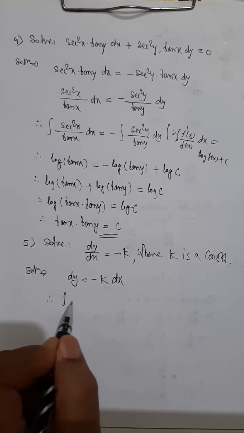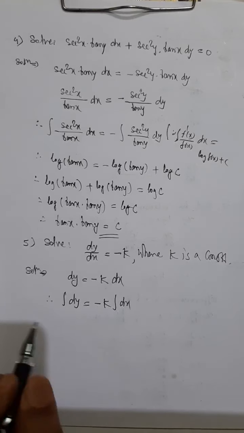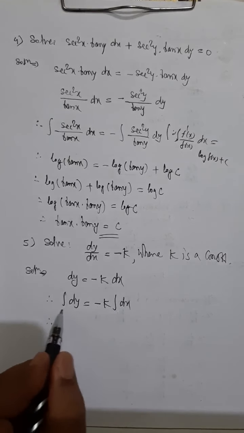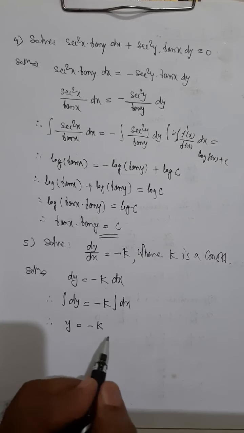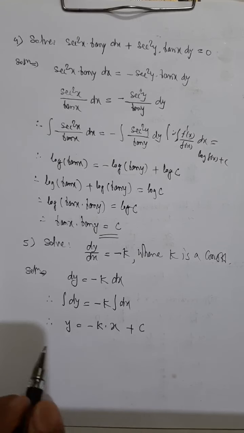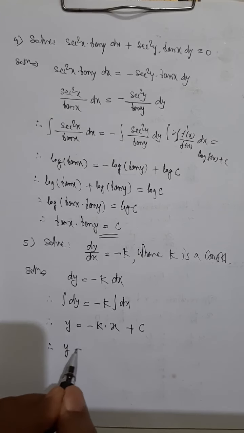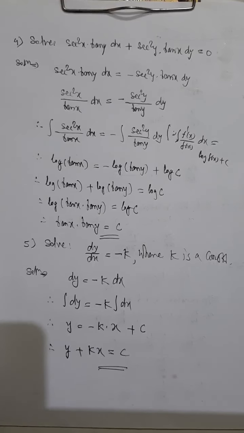K is constant, integrating both sides. Integration of dy is minus k constant, integration of dx. We know integration of dy means integration of 1 dy, that is y, minus k constant. Integration of dx means integration of 1 dx, that is x, plus take c as the constant of integration, and therefore y plus kx is equal to c, which is the required solution of the given differential equation.